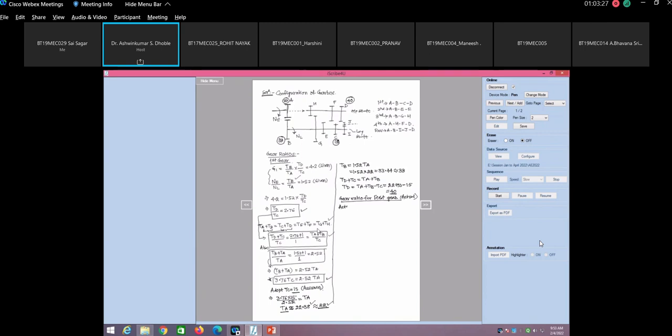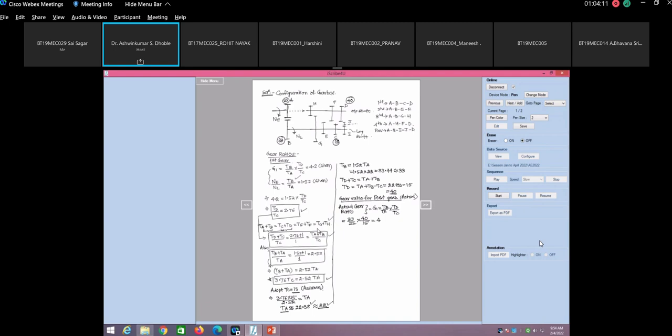So this G1 is TB by TA multiplied by TD by TC. TB is given as 33 divided by 22, TD is 40 divided by TC, which is 15. Sir, tell me the value of this. So three on top, two below, this becomes 20, this becomes 5. So this comes out to be 4.